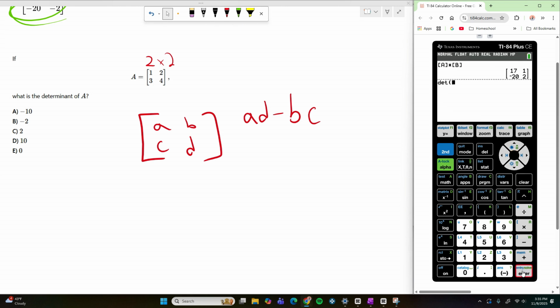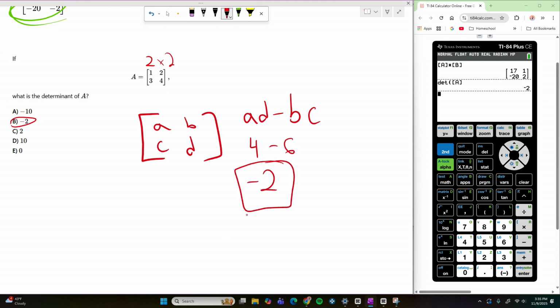And so you can find the determinant of matrix A, and you know that it is -2. And I can plug this in: A times D all the way across here is going to be 4 minus 2 times 3, which is 6, which is -2. But you can just plug it into your calculator, and it's a little bit longer, but that's just one easier thing than memorizing another formula, honestly.